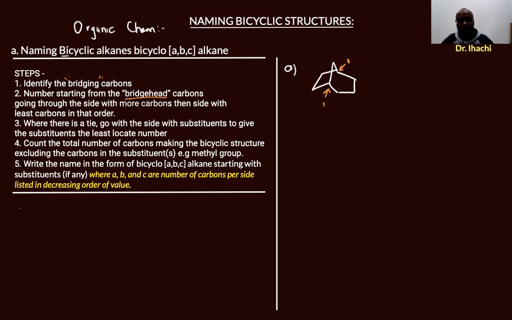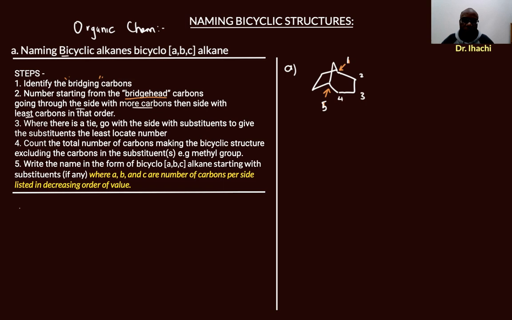Let me assume I'm numbering from the back side. So I would go 1, 2, 3, 4, 5, and I'm going this way because you want to go through the sides with more carbons before the side with the least carbons.